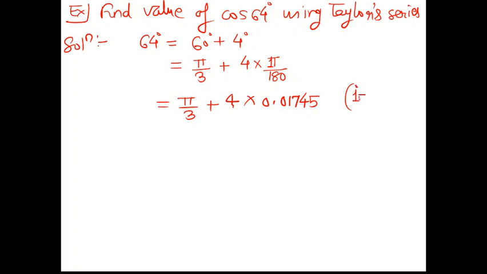So 1 degree is equal to 0.01745 radian. So simplifying it further, what we find? It's pi by 3 plus this comes out to be 0.0698. So in this way I have split 64 degree.